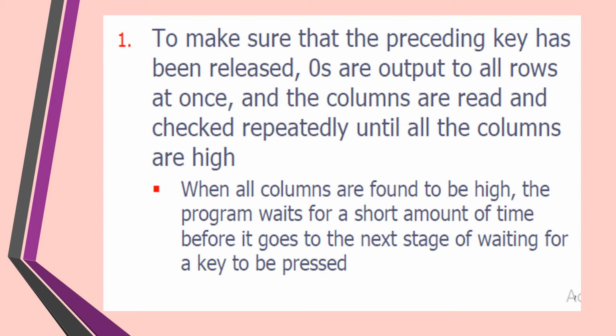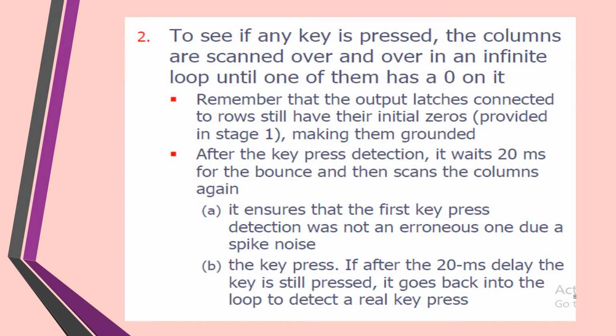When all columns are found to be high, the program waits for a short amount of time before it goes to the next stage of waiting for a key to be pressed. To see if any key is pressed, the columns are scanned over and over in an infinite loop until one of them has a 0 on it. Remember that the output latches connected to rows still have their initial zeros provided in stage 1, keeping them grounded.